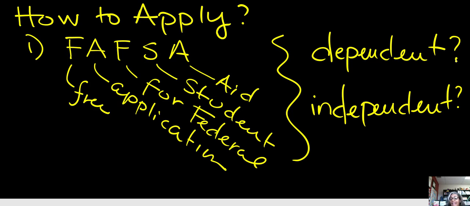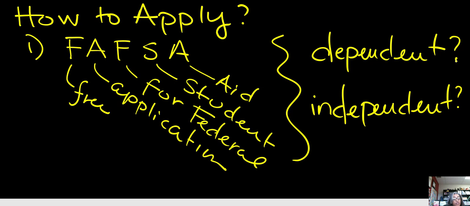So it's important that they are filing their tax returns, and they have that information available because you're going to need that to complete your FAFSA. Now, if you are independent, meaning that maybe you're emancipated or for whatever reason you are not dependent on some other adult for your day-to-day well-being, then you would file as independent. And if you're not sure which one you are, there are lots of folks that you can ask.